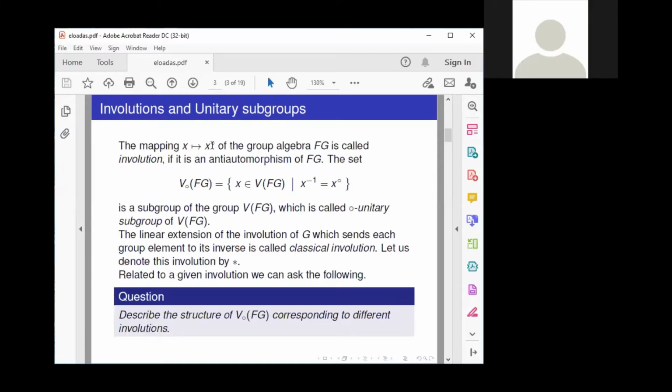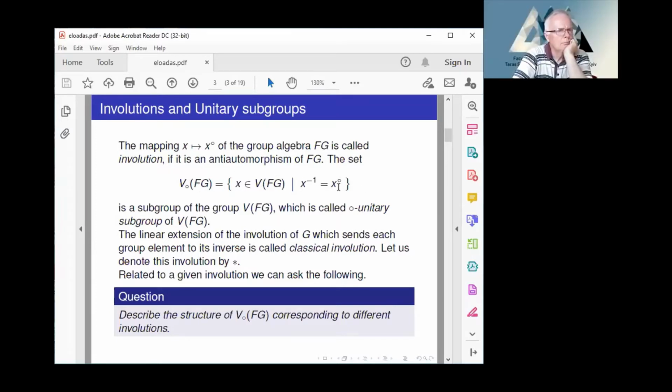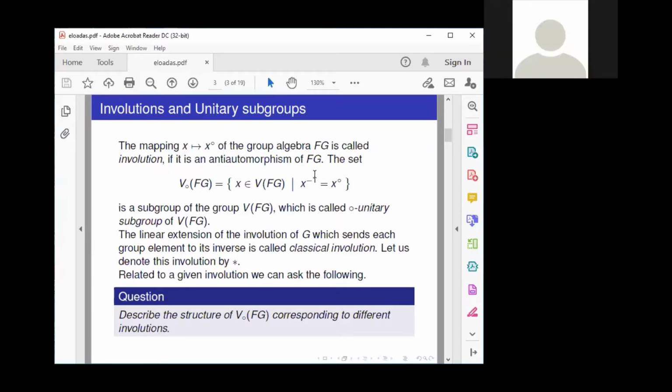And I want to use the circle notation for an involution. An involution is an anti-automorphism, and we can define the unitary subgroup corresponding to any involution inside the normalized group of units. It contains all the normalized units whose image under this involution equals the inverse of this element.